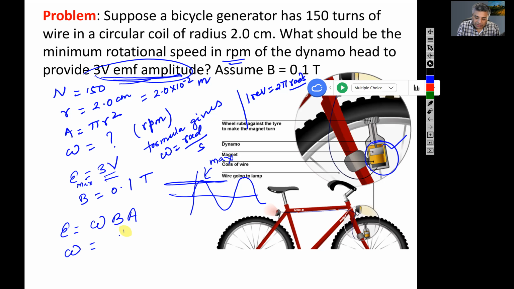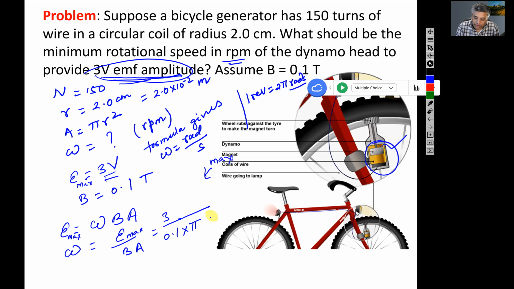Omega is going to be EMF divided by B times A. Oh, maybe I should write E max. That way I can get rid of the sine thingy there. Okay, max. So this is going to be 3 there. B is just 0.1. And A is pi times R squared.